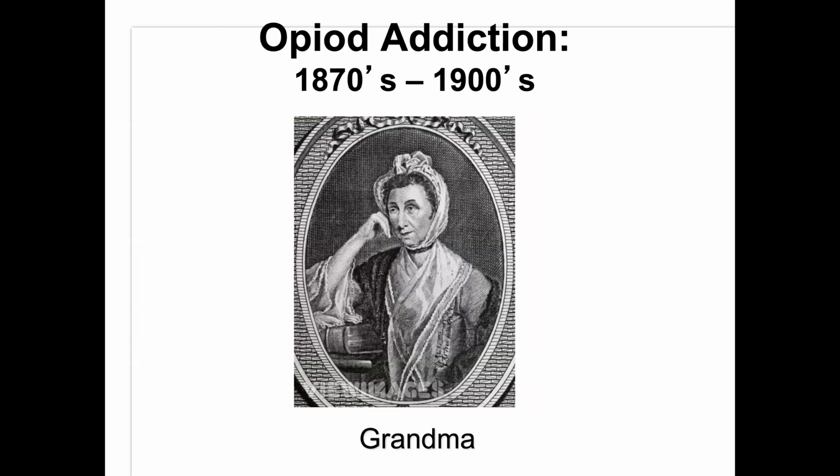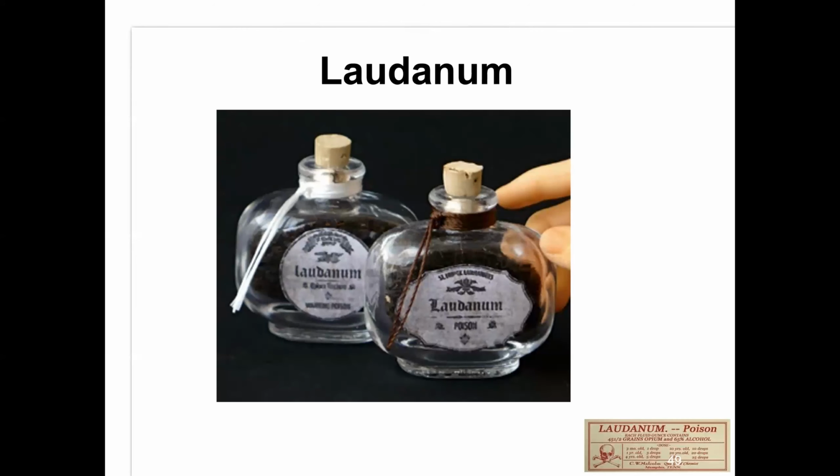By the last quarter of the 19th century, the quote-unquote typical opiate addict was your great or great-great-grandmother, as opiates were available in all sorts of patent medicines to address health problems such as cramps and general malaise. Great-grandma would typically ingest a potion made up of laudanum, a mixture of opium and alcohol.